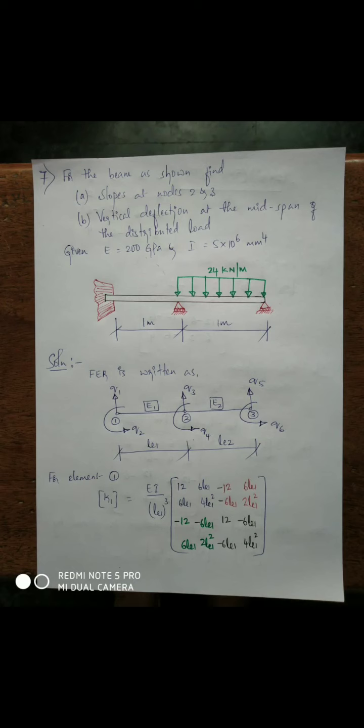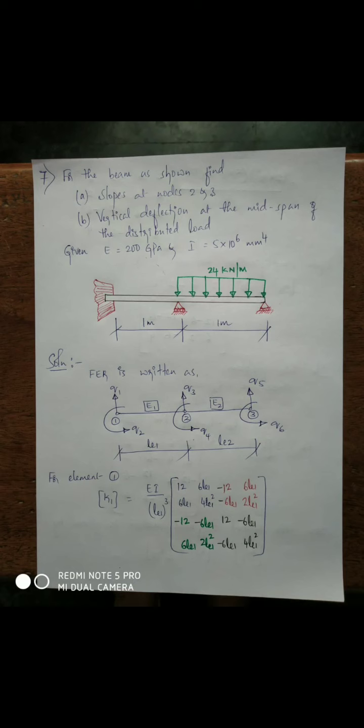So students, before solving the problem, you must remember these 3 points. First one, slope and displacement are one and the same, even though they are different words. E, I and L should be substituted in same units, that is E Newton per meter square, I meter to the power 4 and length of the element Le as meter.